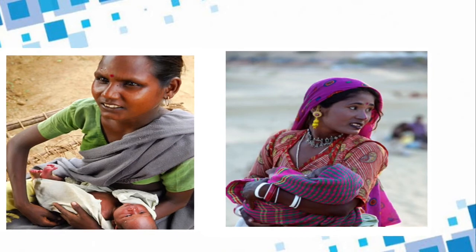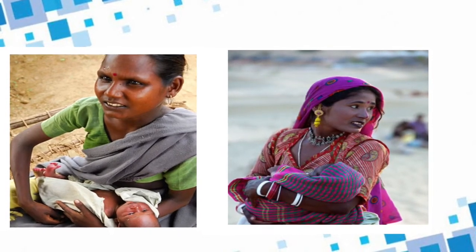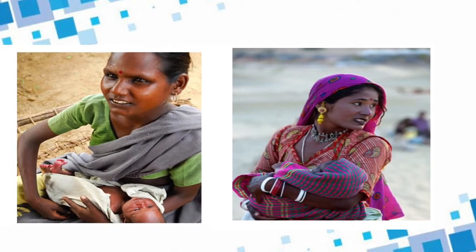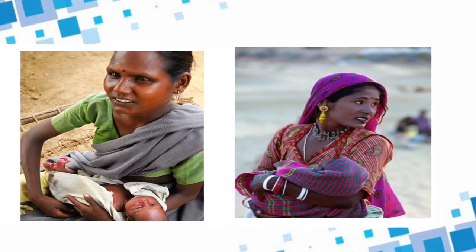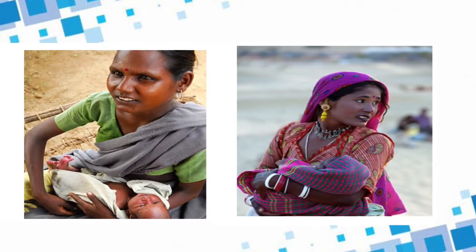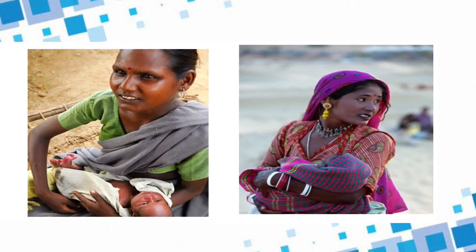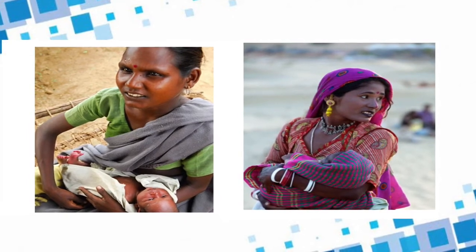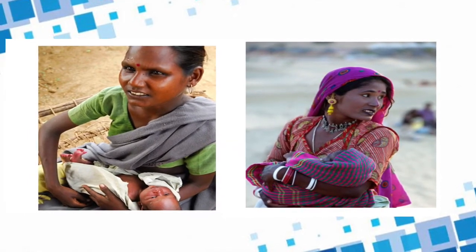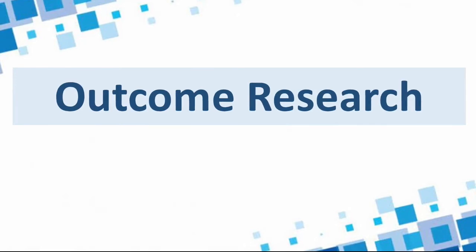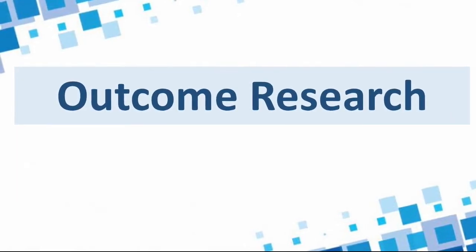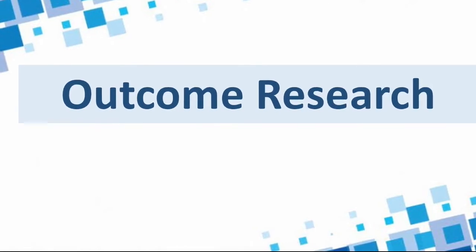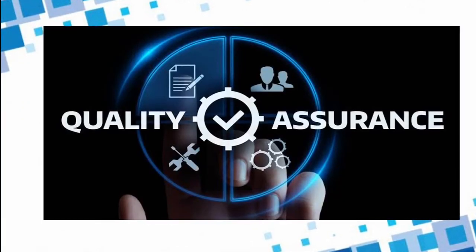For example, a program is implemented to encourage institutional delivery among tribal women. In outcome analysis, the investigator collects data about how many tribal women had institutional delivery after the implementation of this program, right? Next we will see outcome research. What is outcome research? It involves the evaluation of care practices and systems.